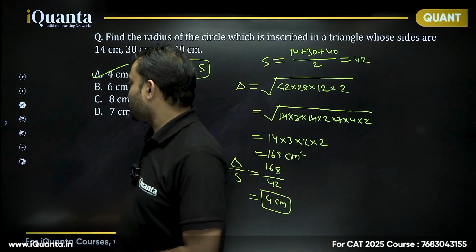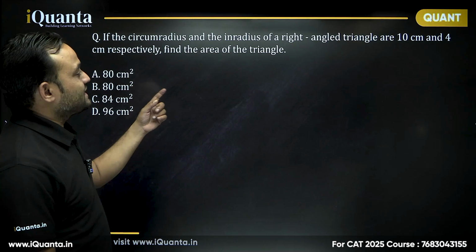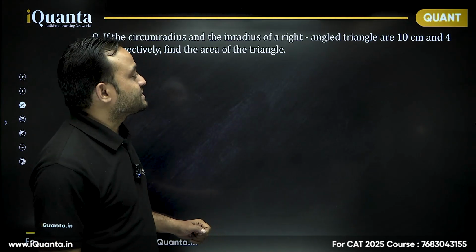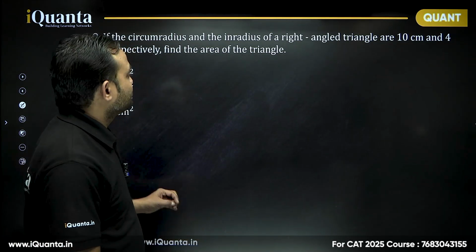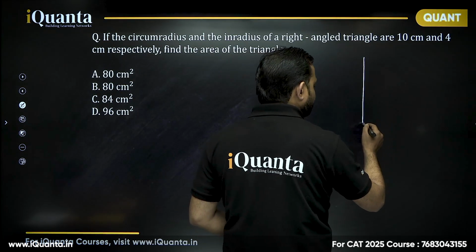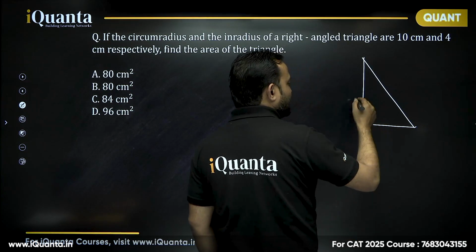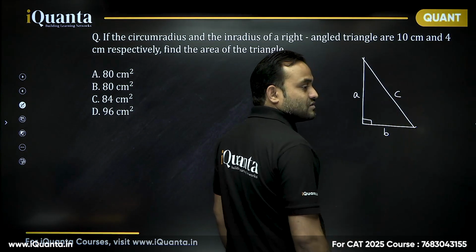Okay. Now, next question. If the circumradius and inradius of a right angle triangle are 10 centimeter and 4 centimeter respectively, find the area of the triangle. Now in any right angle triangle, remember that if this length is A, this length is B, and this length is C, what do we know?